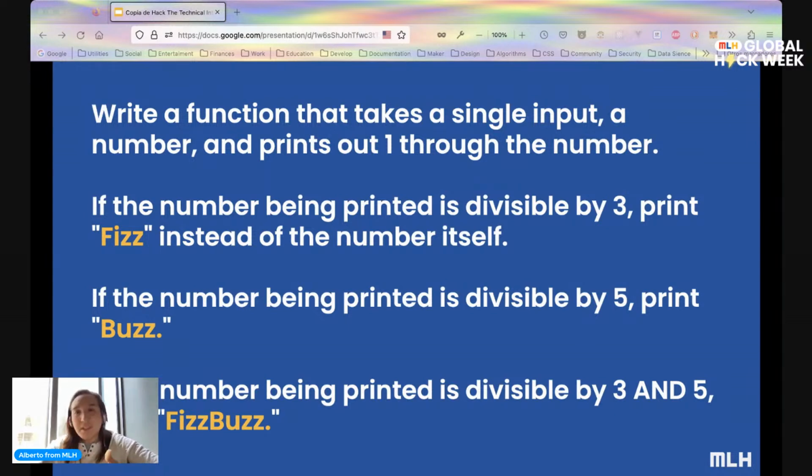Some of the questions we can ask at this point are: should the function account for whether the input is not a number, like run a type check on the input? Should the function return anything, or should we just print it? Should the function work with negative numbers? They don't say that in the instructions, right? But we want to fully understand the problem, and that will lead us to a better answer.